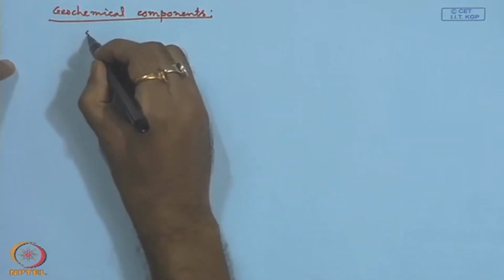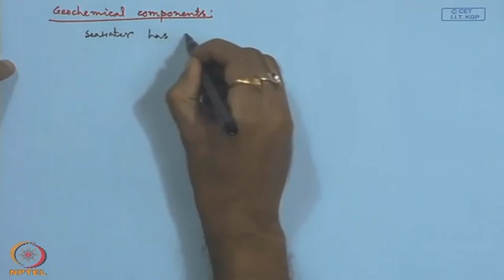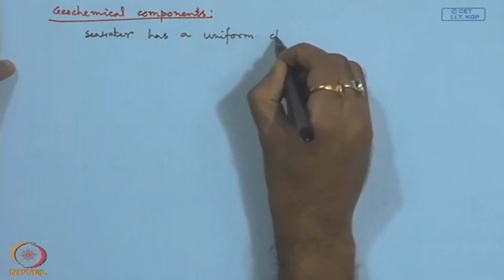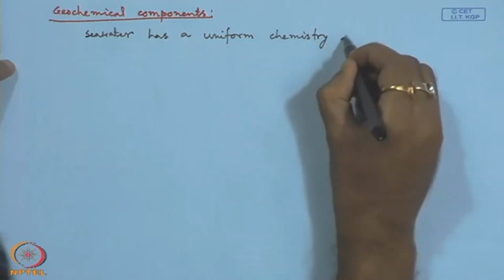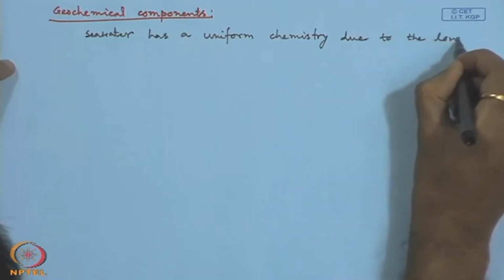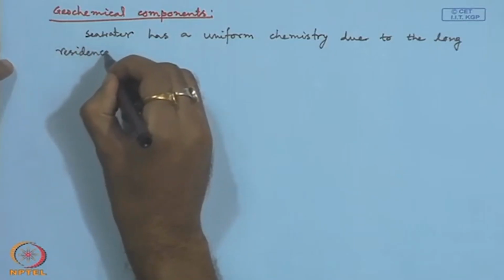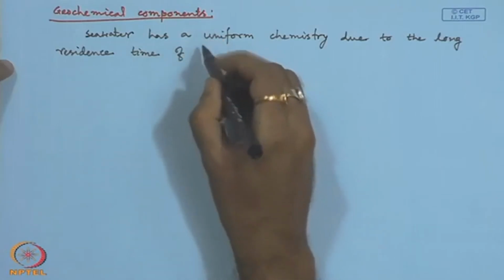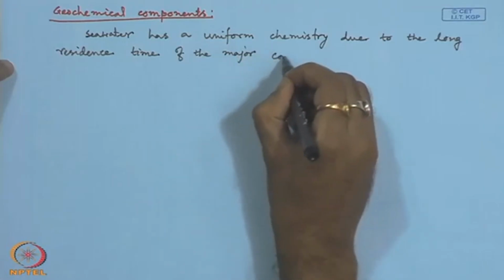Seawater has a uniform chemistry due to the long residence time of the major constituents.